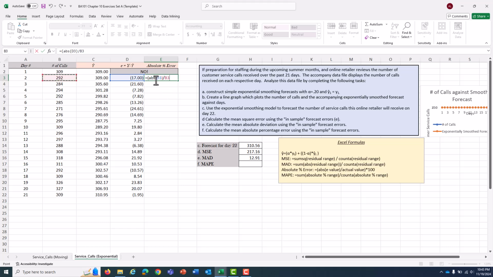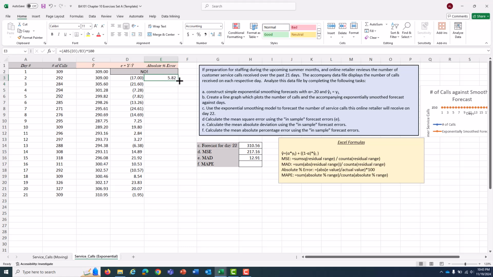So what we're saying here is that was 17 off of the 292 that we had. Close that parenthesis and multiply it by 100. That 17 that we missed by on day 2, according to our prediction, ended up being 5.82% off from the actual number of calls that we received.